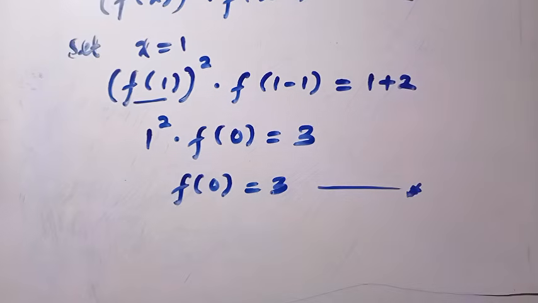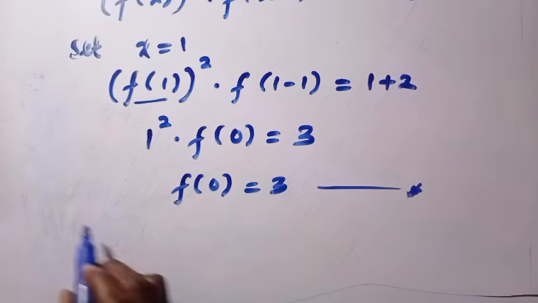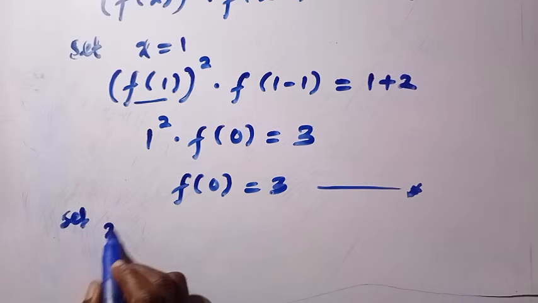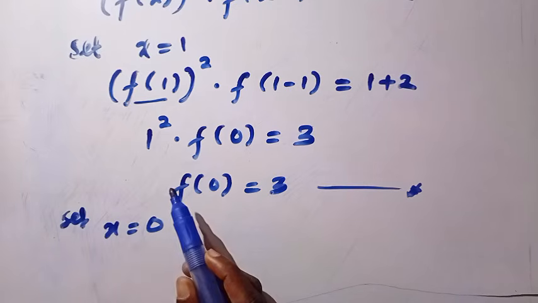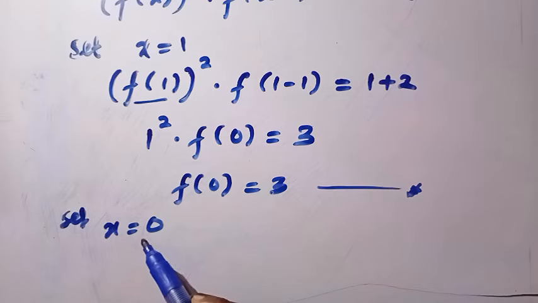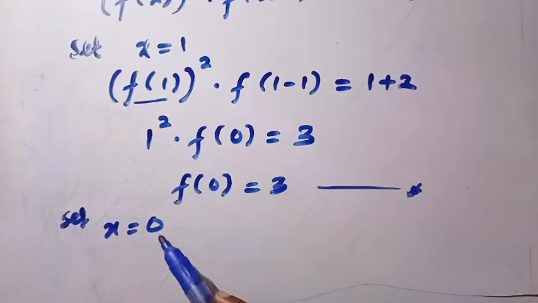And suppose again I set x equals 0. The first one is x equals 1, the second one is x equals 0. We are substituting for x equals 1, and later x equals 0.